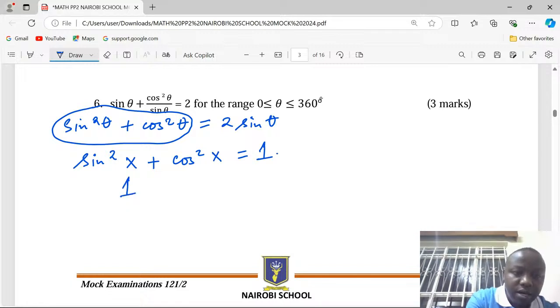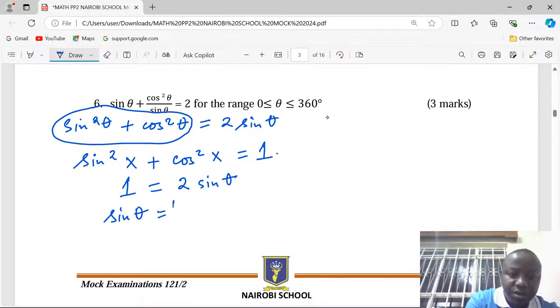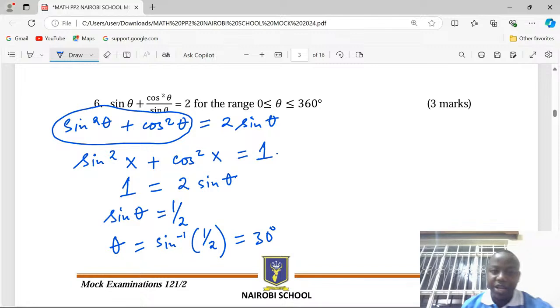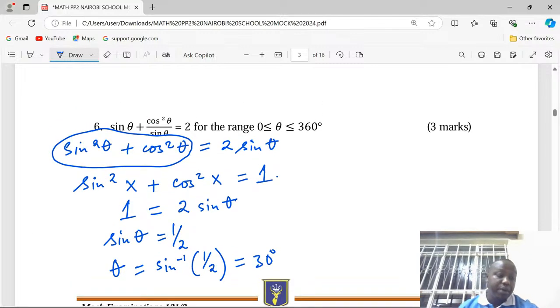So 1 equals to the sine of theta. To remain with the sine of theta, we can divide through by 2 so that we get half. And to remain with theta, now we obtain the sine inverse of half, which is equal to 30 degrees. That is the acute angle we will be operating with.